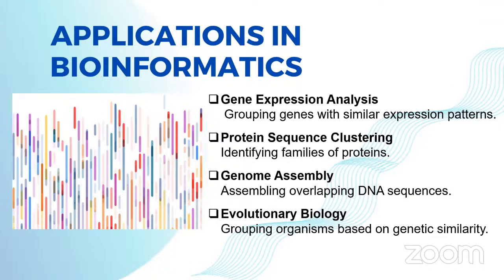The clustering algorithms group the organisms based on genetic sequence similarities, helping to infer the evolutionary relationships and lineage. This helps us in understanding evolution by providing insights into how different species are related and how they evolved over a specific timeline.